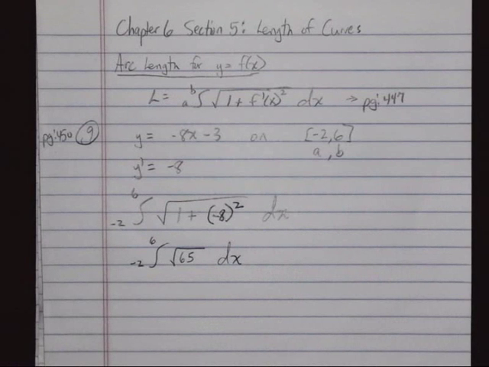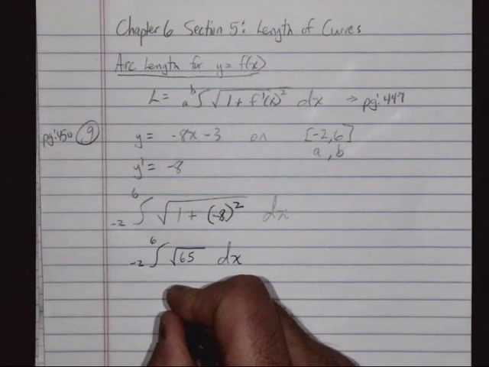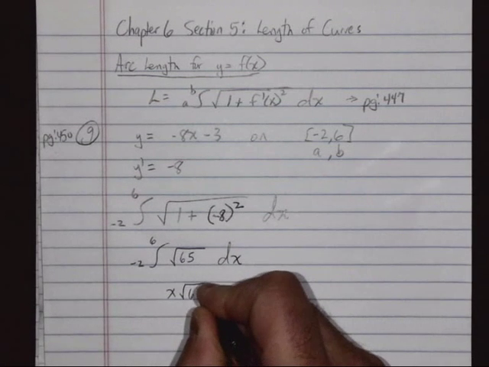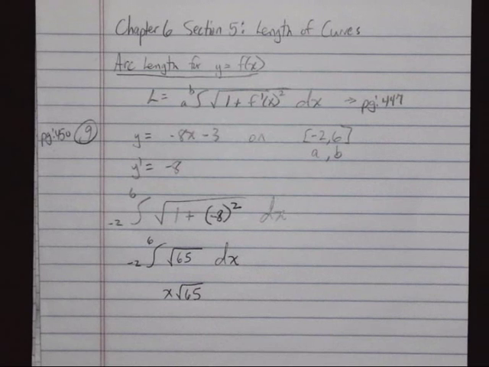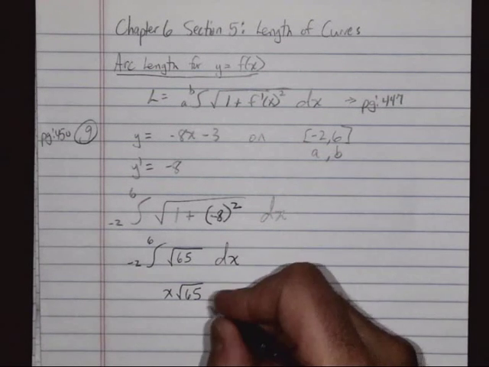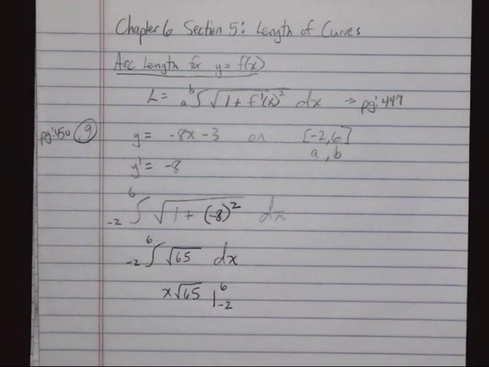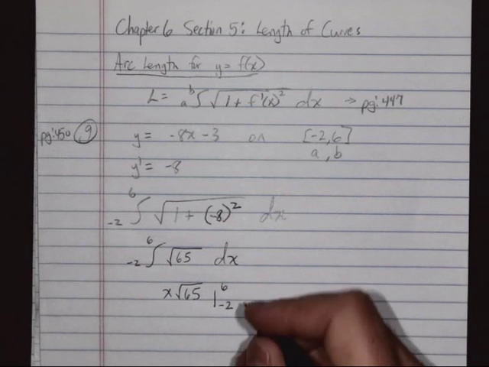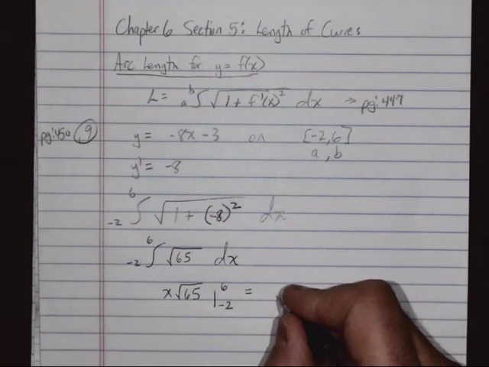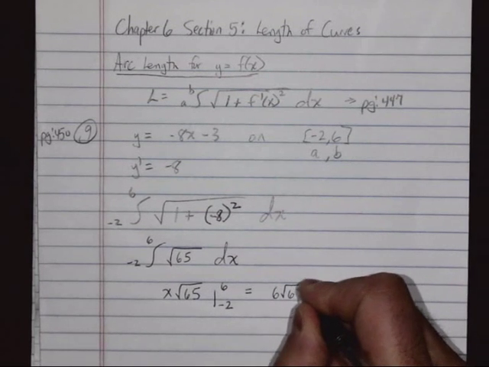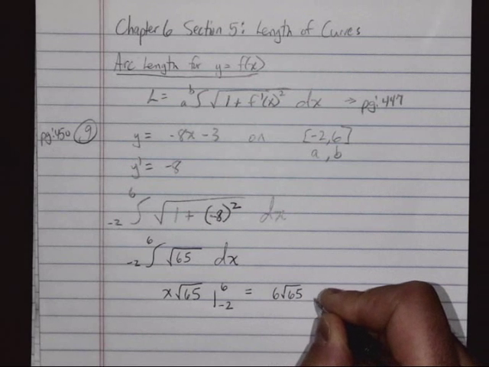Okay, so then we want to integrate that. We treat this almost just like it's a constant. So basically we are going to throw an x in there. So x times root 65, integrate that from -2 to 6. That's going to look like this.